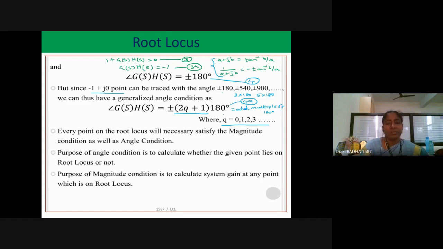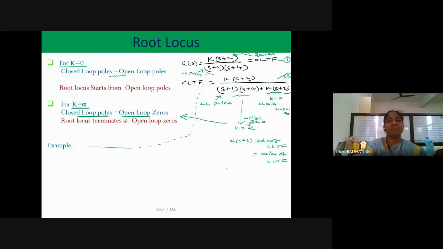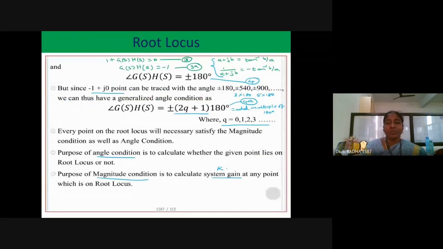Why are we using the magnitude criteria and the angle criteria? The magnitude criteria is to find the system gain value, the k value. You have seen the transfer function. Wherever we take a transfer function, generally we will have this k value. That k is nothing but the open loop gain. What is the k value at any point on the root locus?